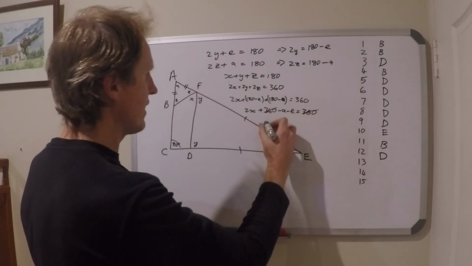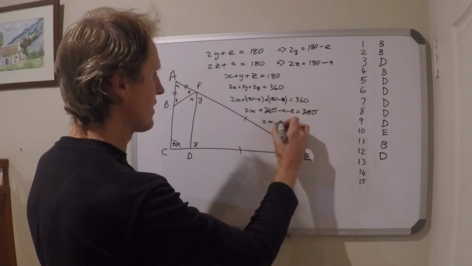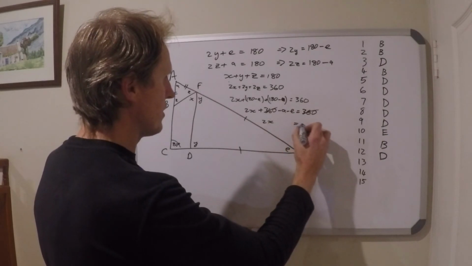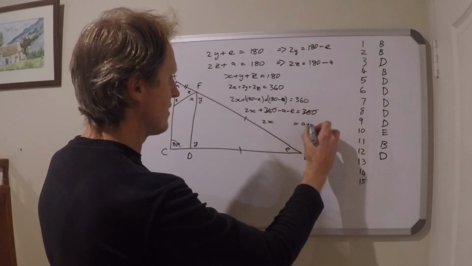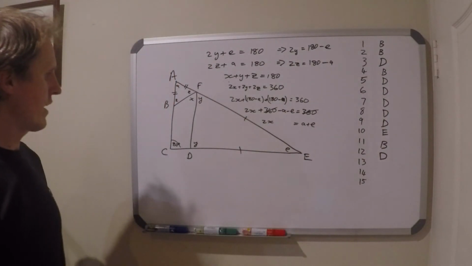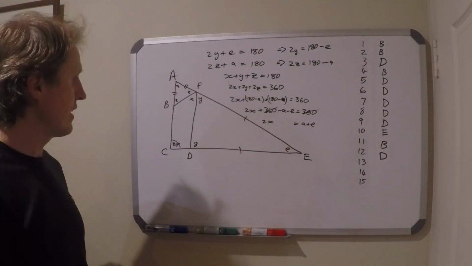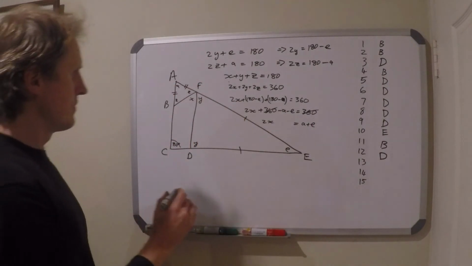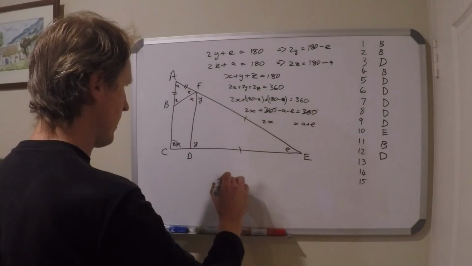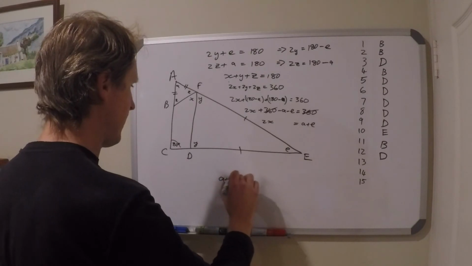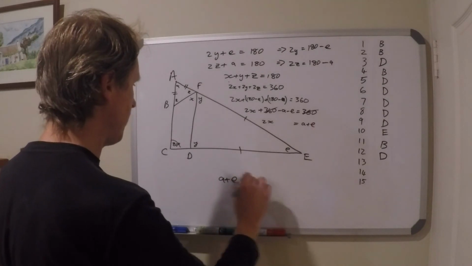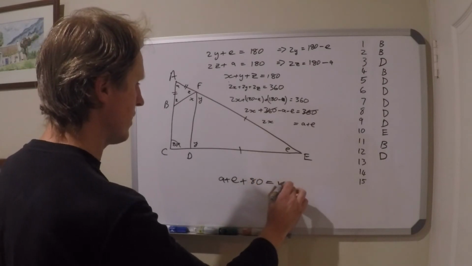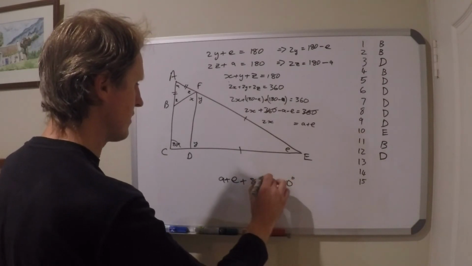Let's take the A and the E to the other side. 2x is equal to A plus E. But we also know one last fact: A plus E plus 80 is equal to 180 degrees.